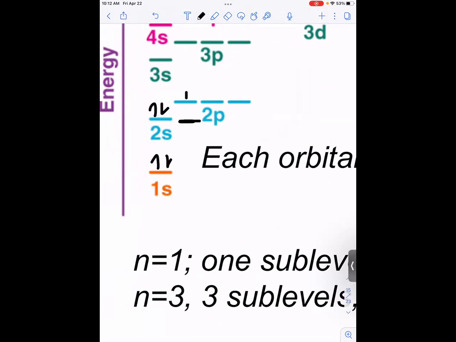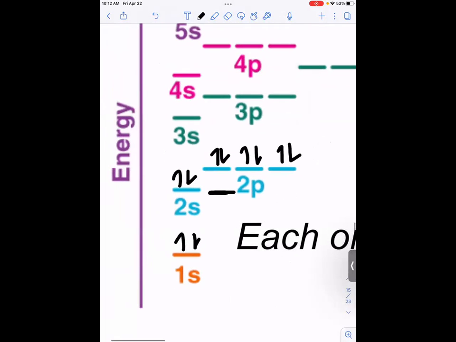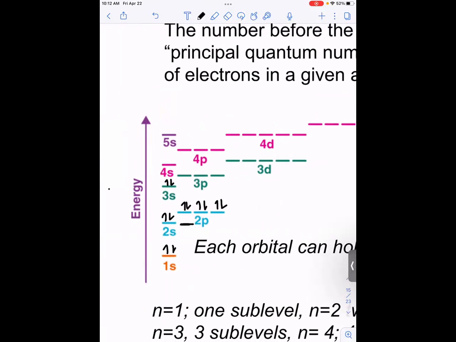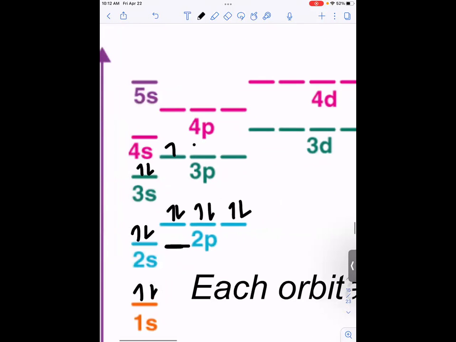And then we'll do this, fill up that before we touch 3, right? And then in 3, you see 3s and 3p are a little bit lower in energy, so we're going to go here, right? And then 3p, we'll fill that up.